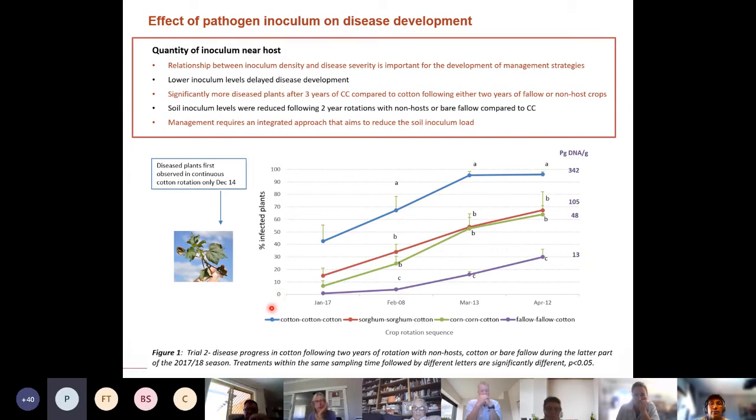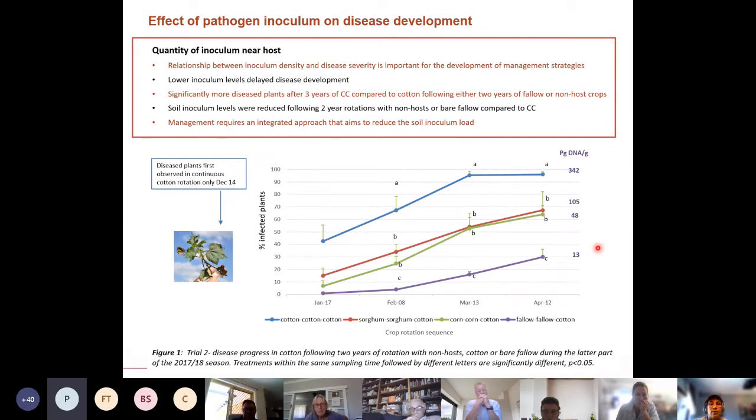In this trial, it was a 3-year trial where you had 2 years of either sorghum, corn or a fallow, and then we went back in the 3rd year into cotton. And so the disease incidence was measured in the 3rd year of cotton over time. And then we also looked at what the inoculum was, measured as picograms of DNA per gram of soil at the end of that season.